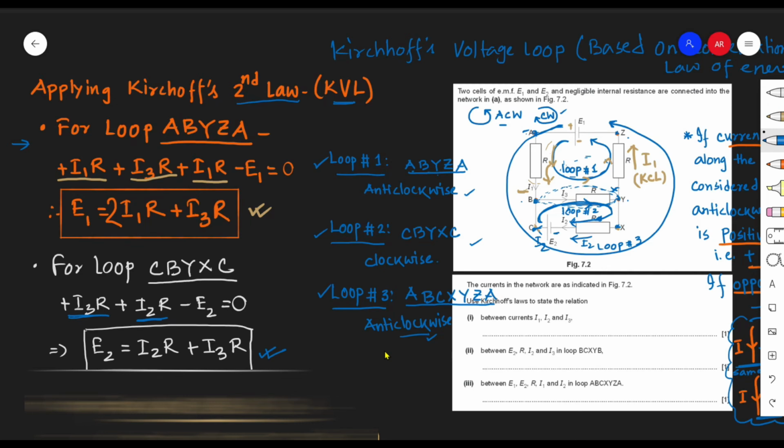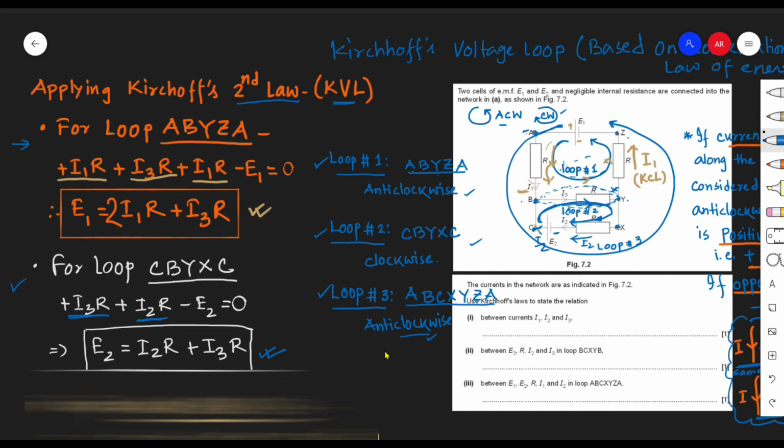Alright, that means the expression that we are going to get is not including I3, because the loop here is the outer circuit, not that inner junction of BY. So you have to consider only the current that is flowing through each resistor and the power supply, as long as you restrict yourself to this particular loop A, B, C, X, Y, Z, A. So BY will not be included right here.